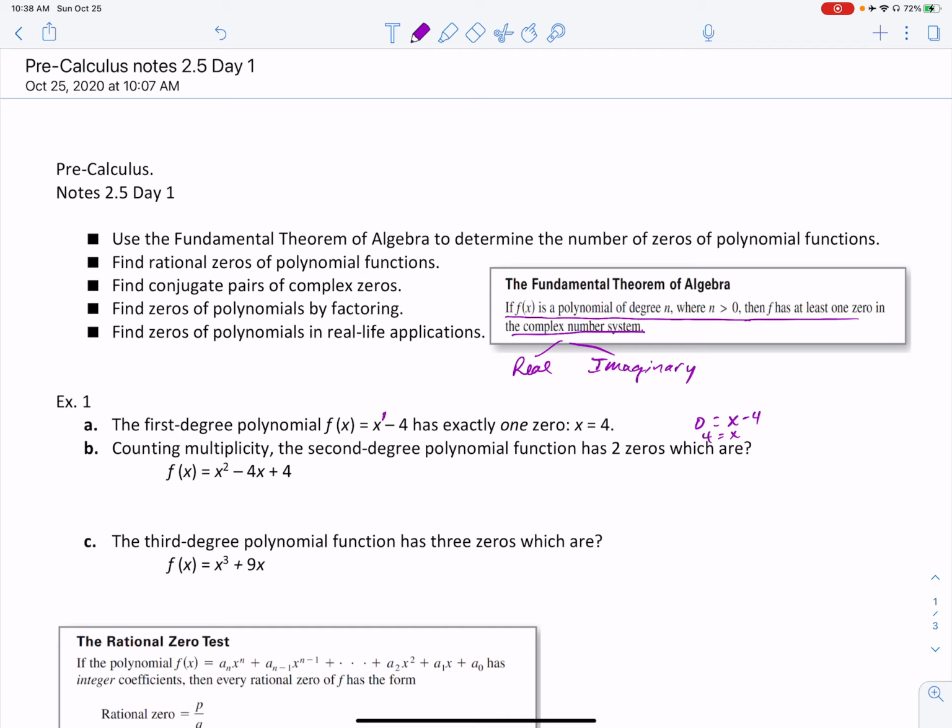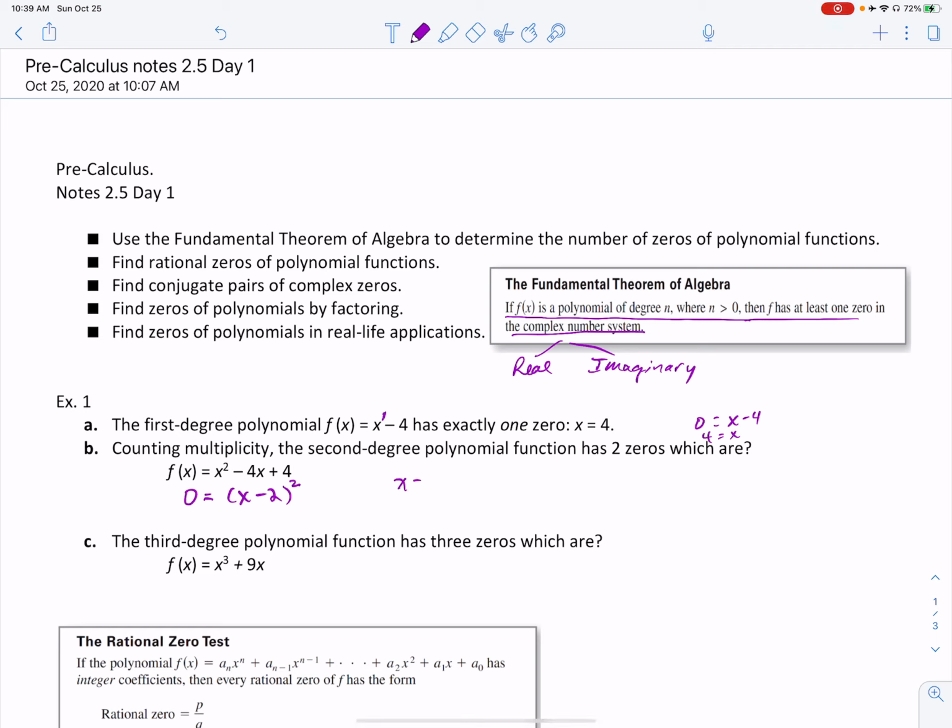In part B, counting multiplicity, the second degree polynomial function has two zeros. On this one, if we just go ahead and set it equal to 0, x minus 2, this happens to be a perfect square trinomial, so it factors into x minus 2 squared.